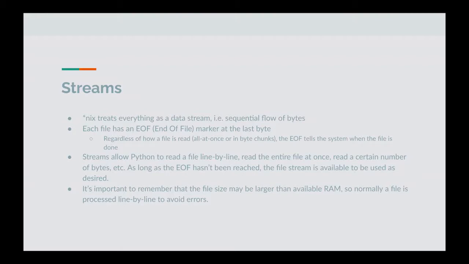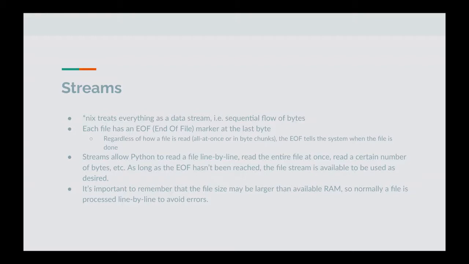And because of that streaming nature of the files, you can read the entire file all at once, read it line by line, read a certain chunk of bytes per time. It doesn't matter to the system. It all depends on how you, as the developer, want to deal with that file information.